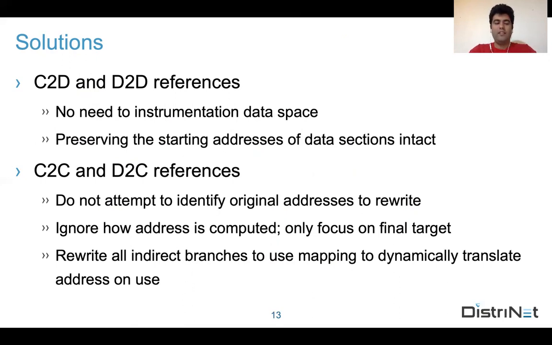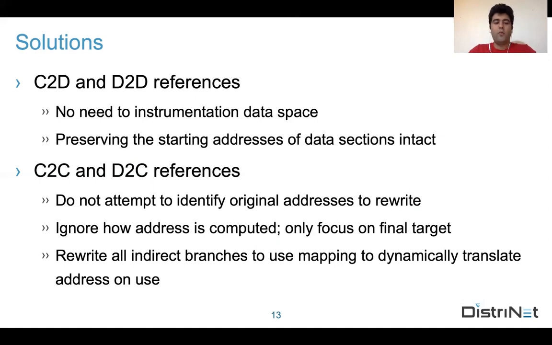But for handling code to code and data to code section references, we easily adjust the static addresses before the runtime. But for the dynamically computed addresses, we do not attempt to identify the original address before the runtime. And also, we ignore how addresses are computed and only focus on the final target.